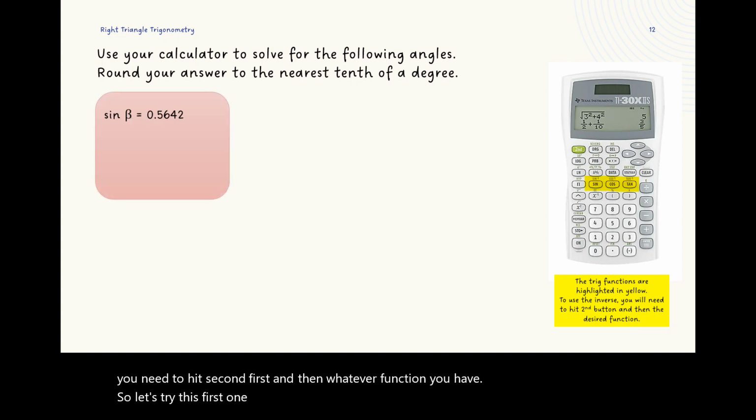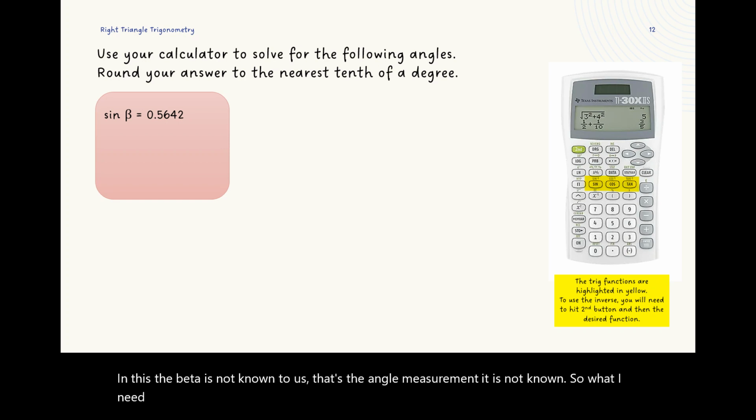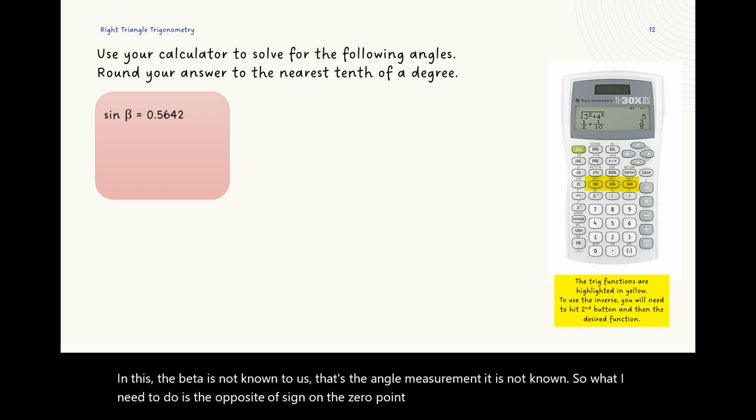We have the sine of beta is 0.5642. In this, the beta is not known to us. That's the angle measurement. It is not known. So what I need to do is the opposite of sine on the 0.5642.